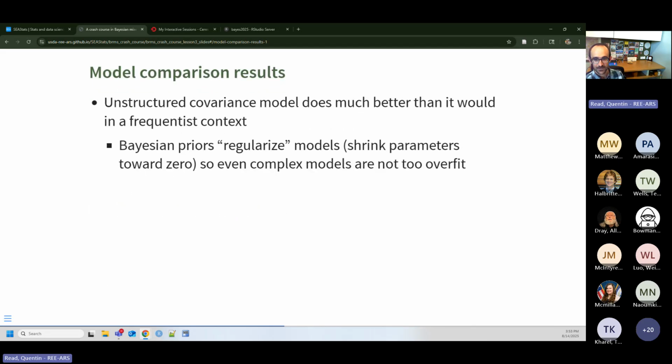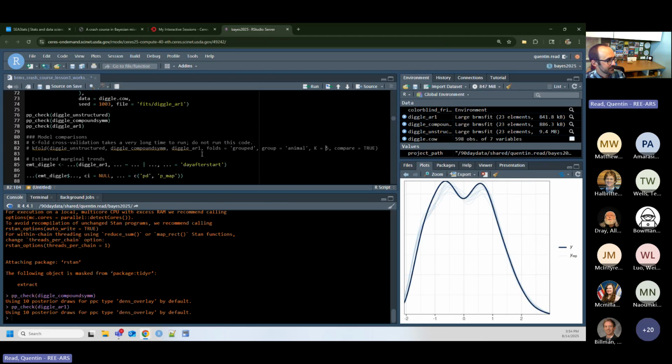Just before we move on from the autoregressive code, can you remind me what the P=1 addition in that line is doing? That's actually the default, but I just put it there to be explicit.